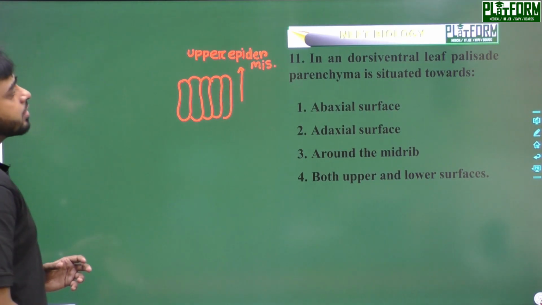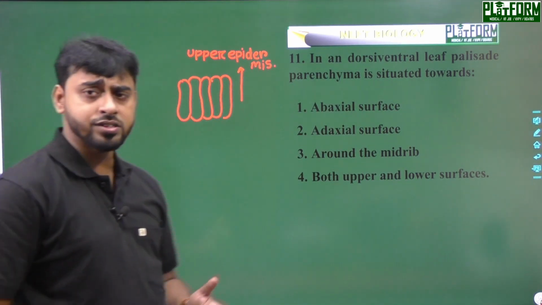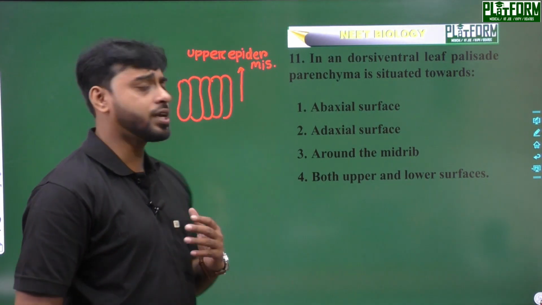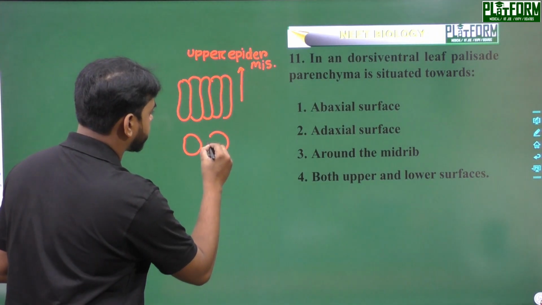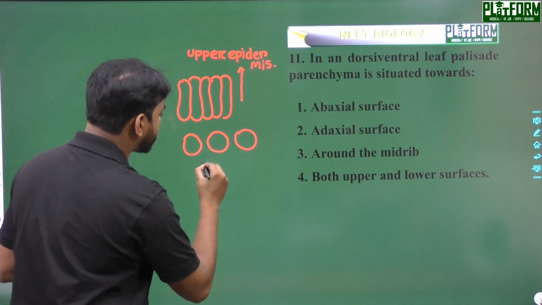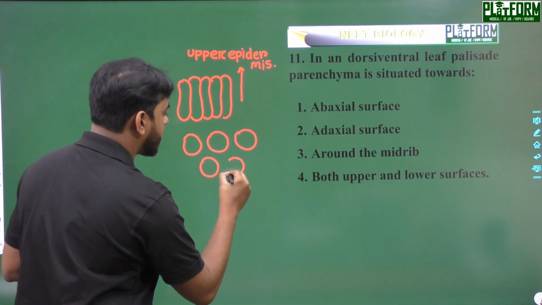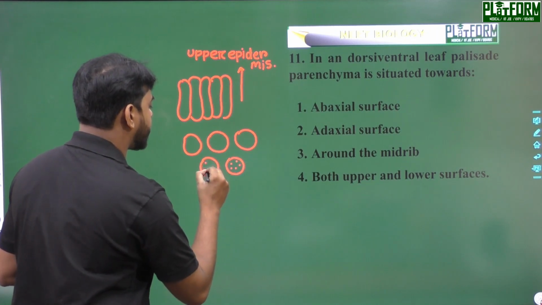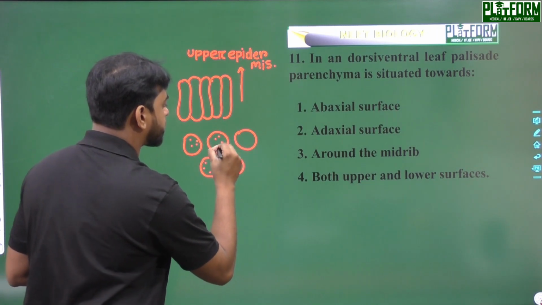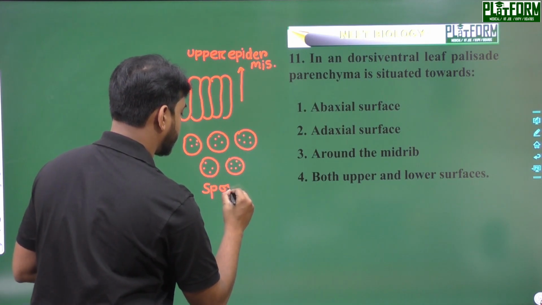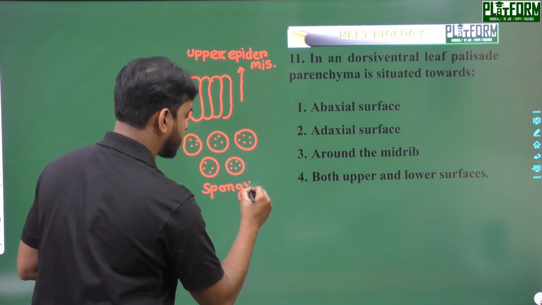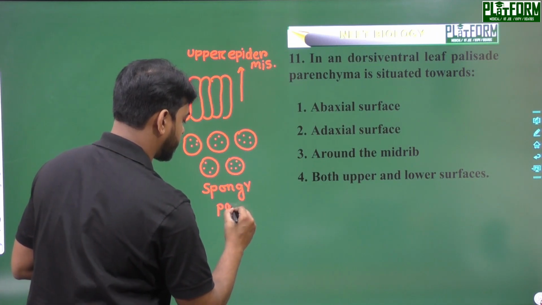On the other hand, the dorsiventral leaves, that means the dicot leaf, also have some round-shaped parenchymatous cells, and these particular parenchymatous cells are known as spongy parenchyma.